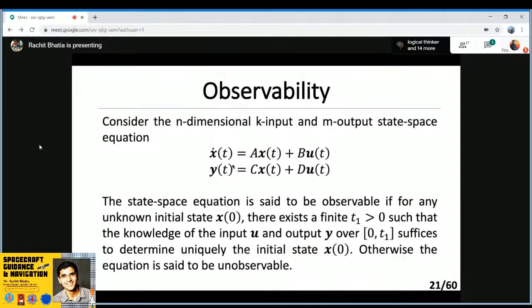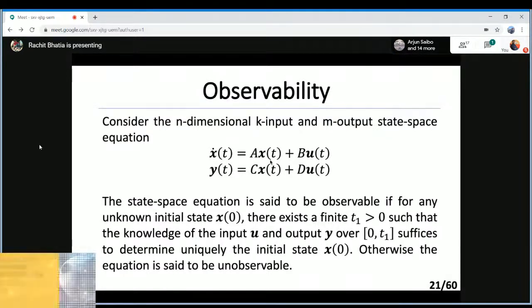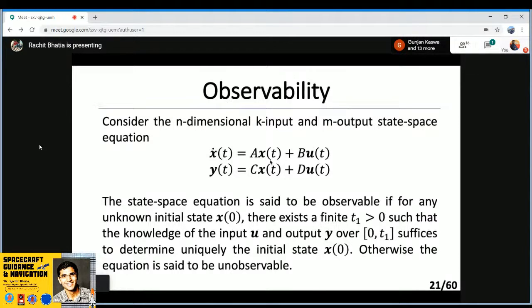Now, what is observability analysis? I've already introduced you to the state space representation. Observability analysis says that the state space equation is said to be observable if for any unknown initial state there exists a finite t1 greater than 0, such that the knowledge of the input u and output y over that interval is sufficient to determine uniquely the initial state. Otherwise, the equation is said to be unobservable.